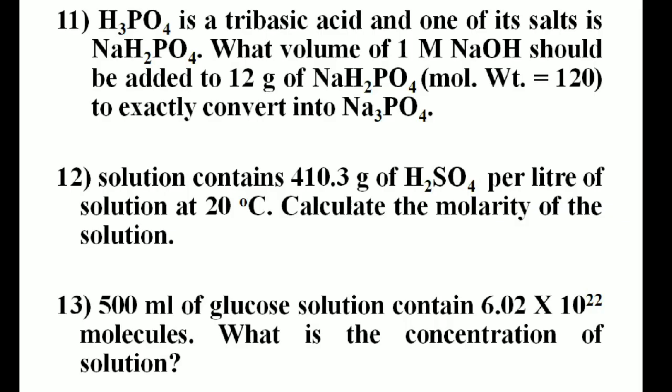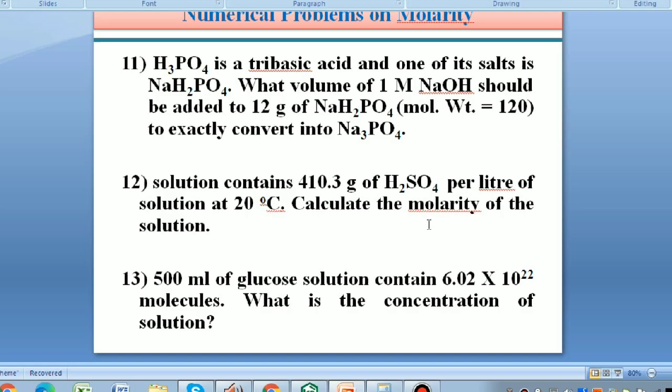Next problem, students. A solution contains 410.3 grams of H2SO4 per liter of solution at 20 degrees centigrade. Calculate the molarity of the solution. So, another easy problem, students, we can solve here.